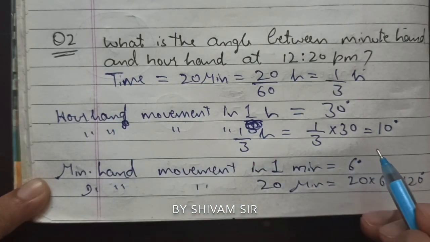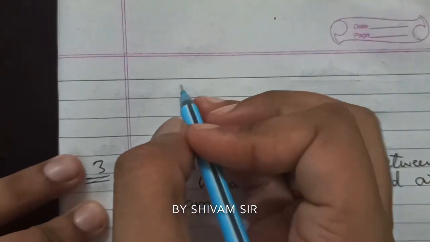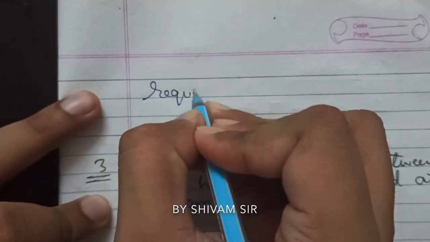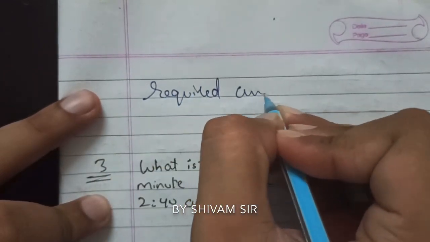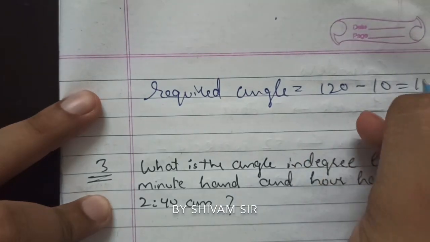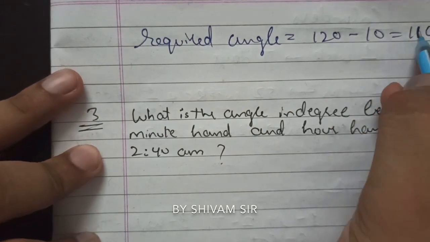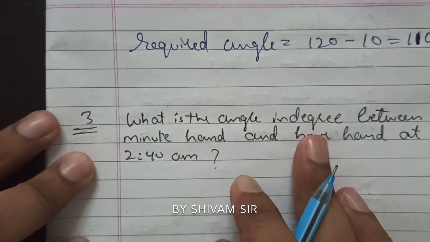The hour hand moves 10 degrees, right? So what is the difference? So the required angle is equal to 120 minus 10, which is 110 degrees. So the angle is equal to 110 degrees. So this is our answer.